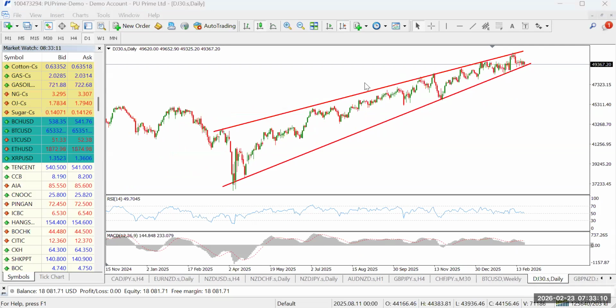For US30, on the daily time frame, we can see price forming a sharp looking rising wedge.